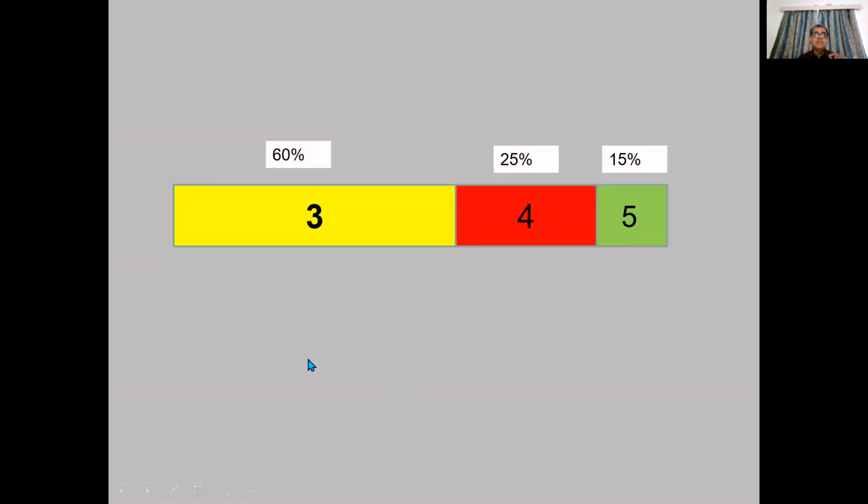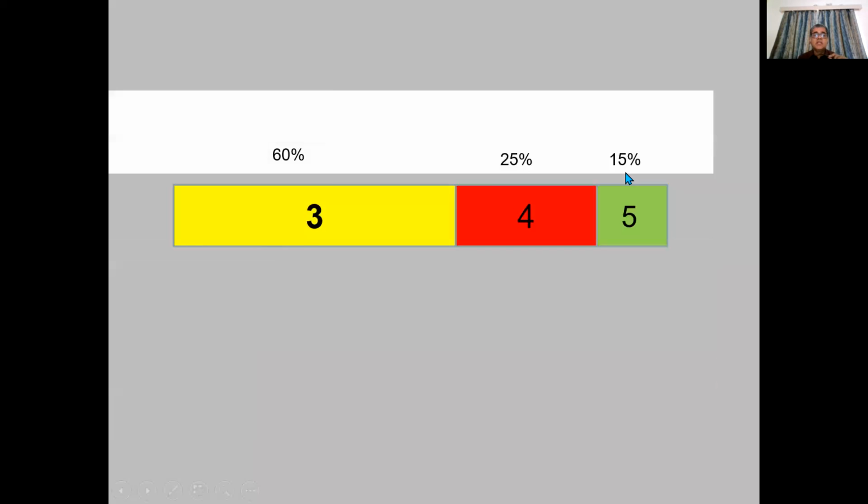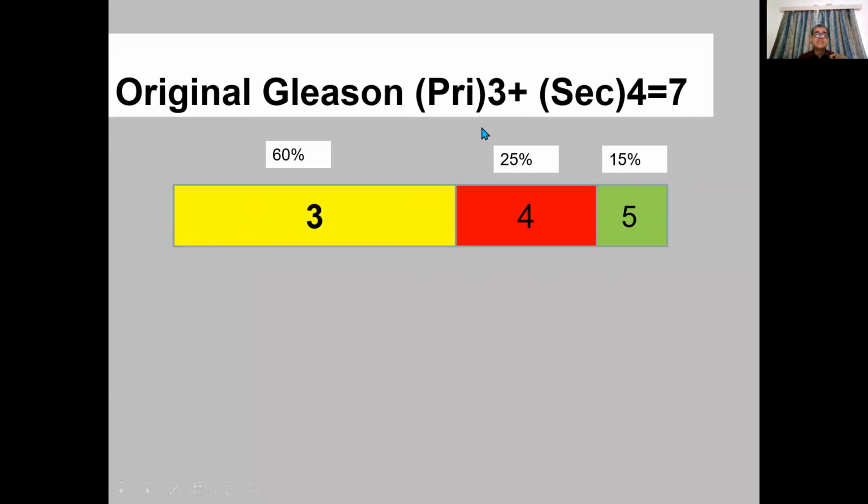So just as an example, if a core biopsy contains a tumor of pattern 3, 60%, pattern 4, 25%, and pattern 5, 15%, the original Gleason would have scored this as pattern 3 plus pattern 4 and a Gleason score of 7. That's because the original Gleason said that the commonest pattern and the second commonest pattern need to be added up.